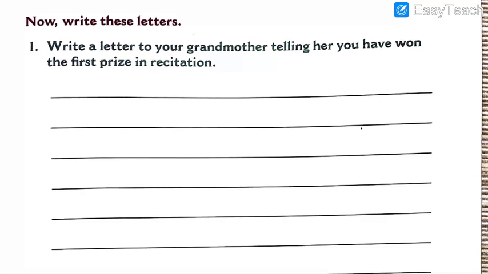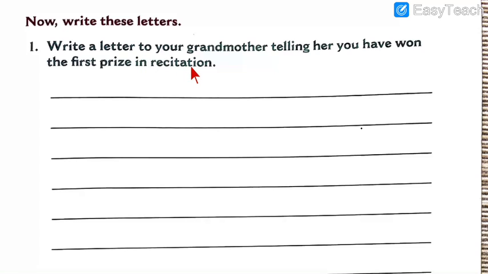But here when you are asked to write the letter to your grandmother, even though your grandmother is living with you, you have to imagine that your grandmother is living somewhere out of town. Any town you have to select, any address you have to select, but the format should be as it is, as I taught you.